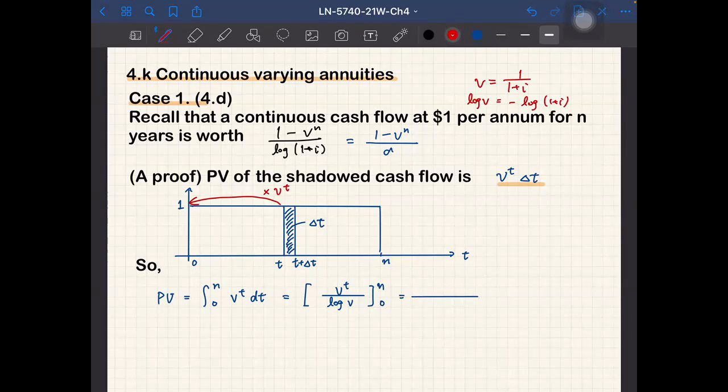That means this is equal to v to the power n minus 1 over log of v. Since log of v is negative log of 1 plus i, we can write this as 1 minus v^n, which has the same numerator as a angle n, over log of 1 plus i. So this was the case in 4.D.